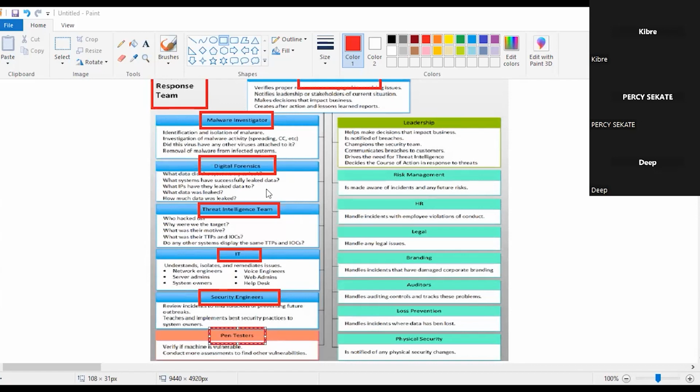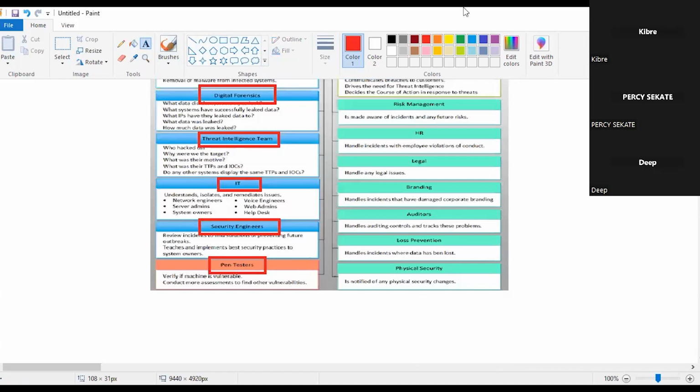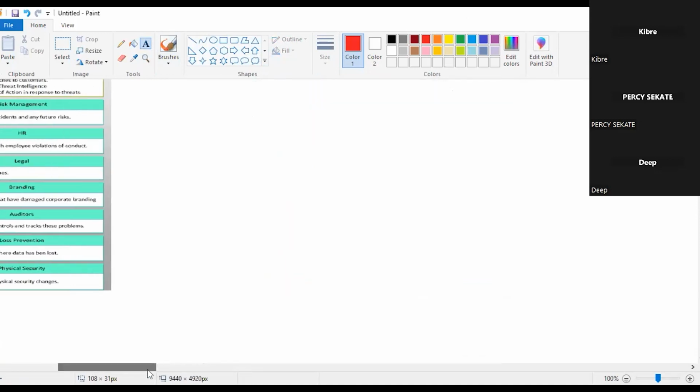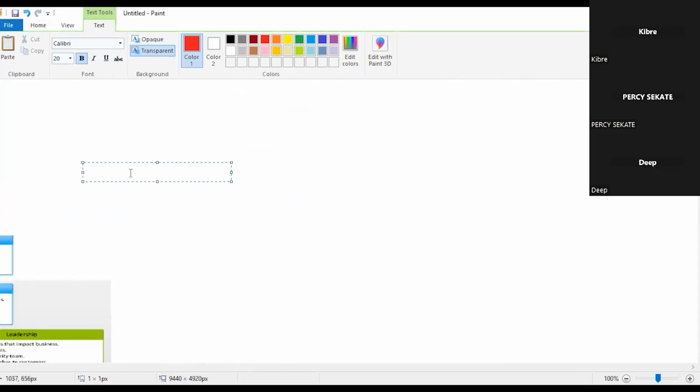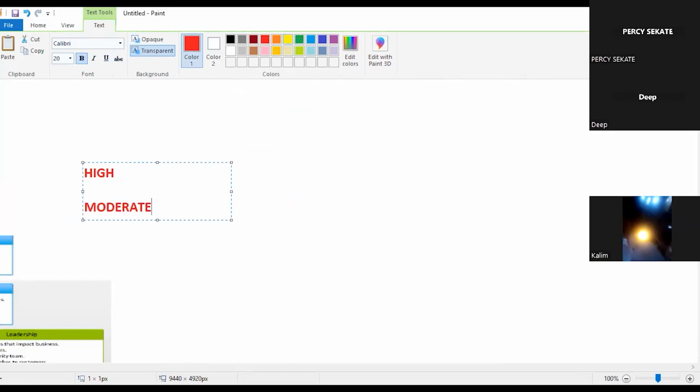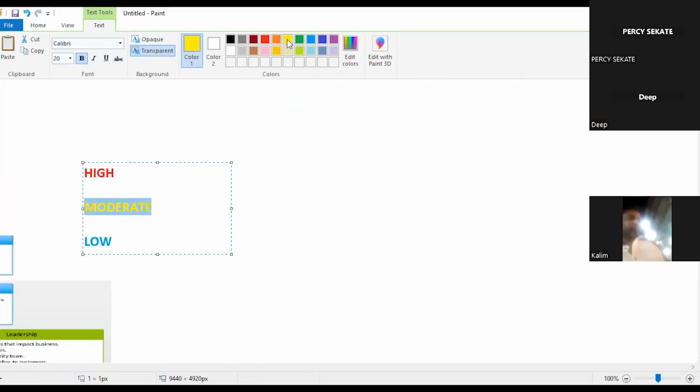Risk can be scaled from low to high: low, moderate, high. So these are the risk types.